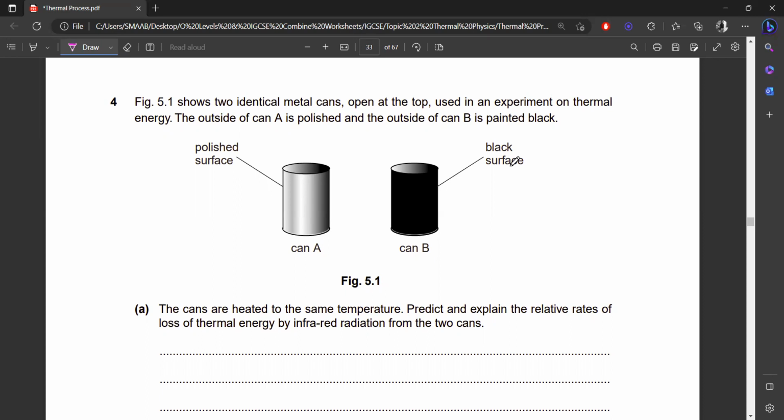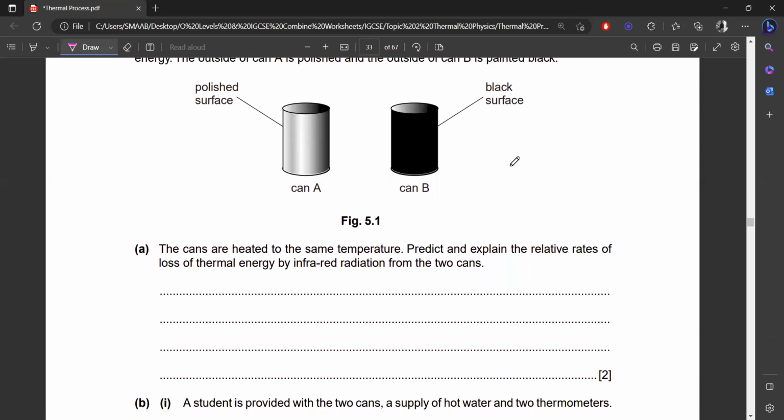No, B. A is polished, so it normally reflects the thermal energy or the heat waves, and B is a dull black surface, so it absorbs thermal energy very quickly and it also emits thermal energy very quickly.